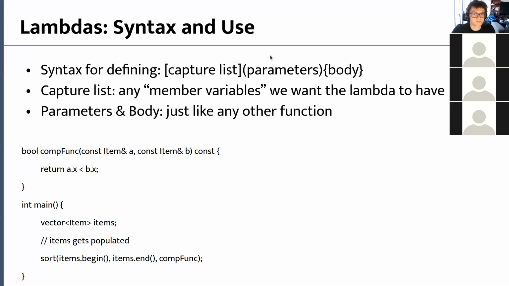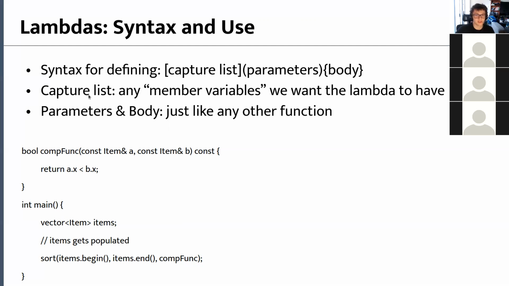Okay, so lambdas. Here is the anatomy of a lambda, which I think is super cool. We have first, in square brackets, something called a capture list. Then in parentheses, we have the parameters to the function. Then in the curly braces, we have the body of the function. And everything except for this capture list out front probably looks more or less like a normal function.